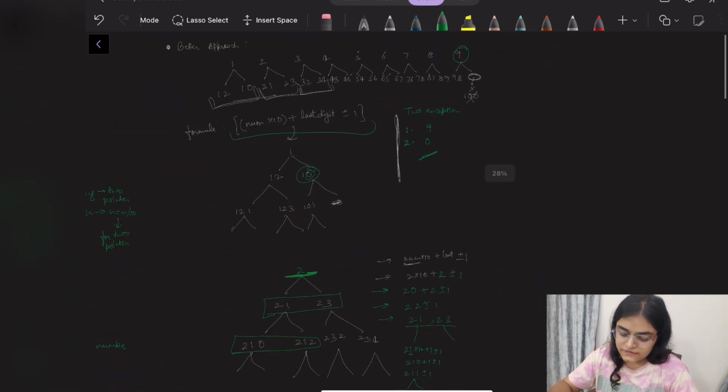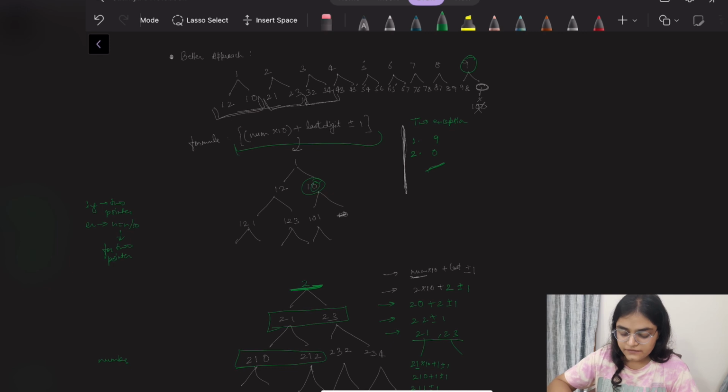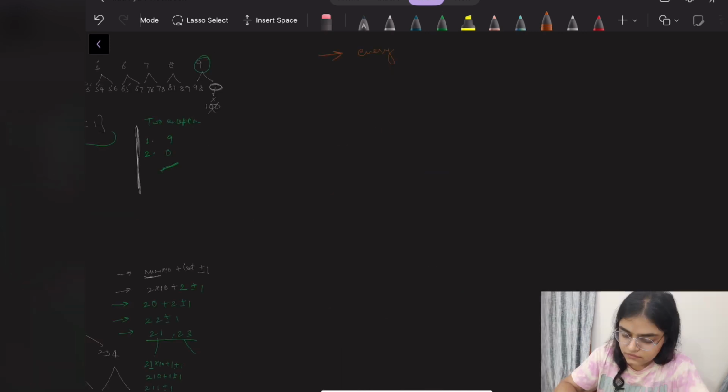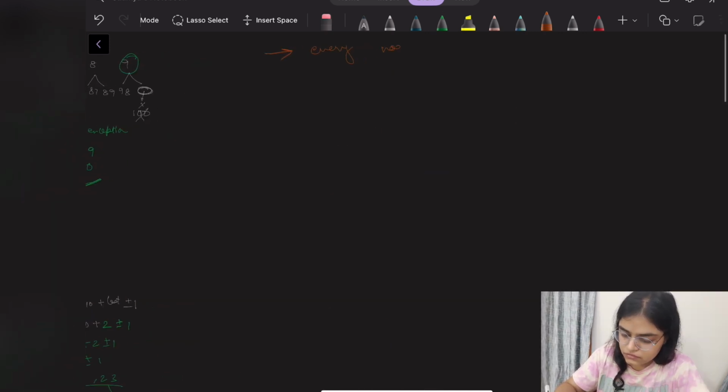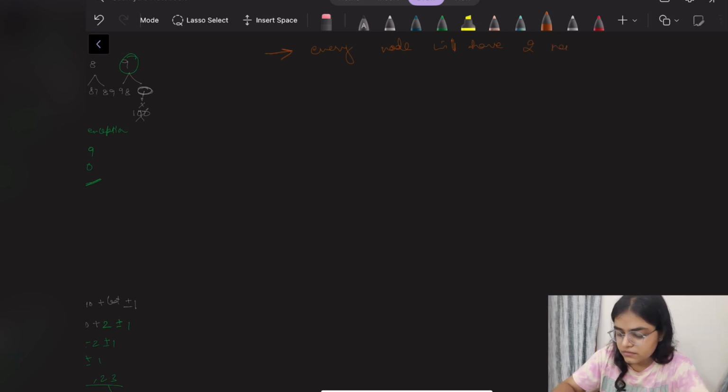So using this formula we will be deriving the whole tree. Here we got to know some conditions, that every node will have 2 neighbors, you can say child, right?